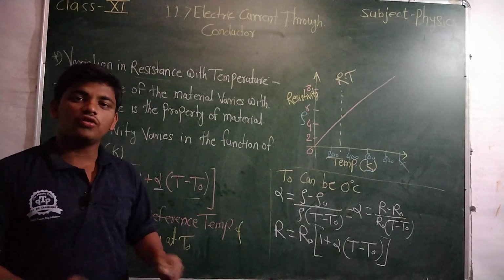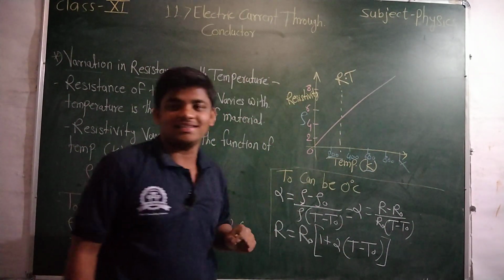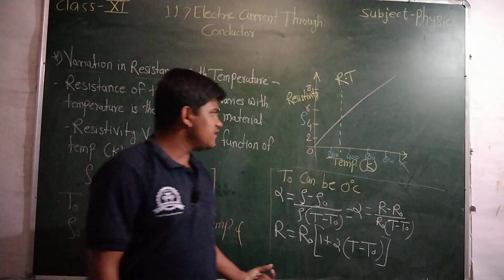It is the formula that gives the relationship between the temperature and resistance. It is a linear relation. A change in temperature causes a change in resistance.